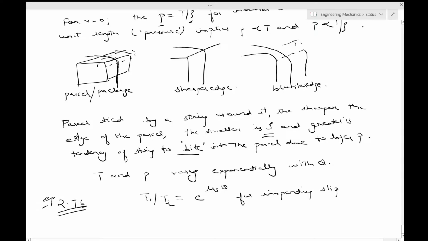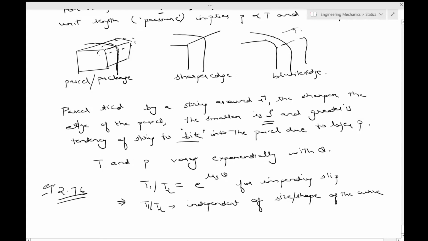Now this implies T1 by T2 is independent of size and shape of the curve, because of this equation which we had derived earlier.